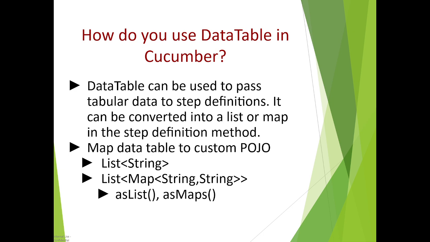To summarize, we can use a simple list, table as a list, table with headers as a map, and table to POJO. This is the way we can use data table in Cucumber. We can use methods like list of strings or list of maps, as list or as maps. These are the methods we can use to pass the data into the step file.